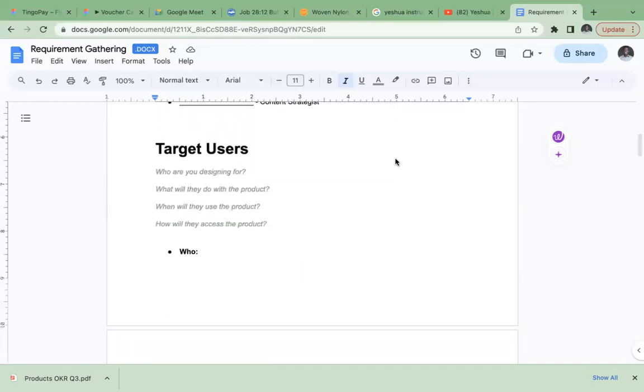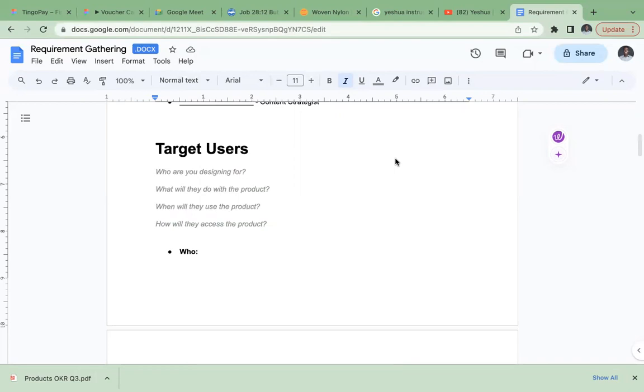Now, we need to know who the target users of this product are. Who are we designing it for? The people that will use this product. Who are they? Are they Gen Zs? Are they high-class earners? It depends on the industry.